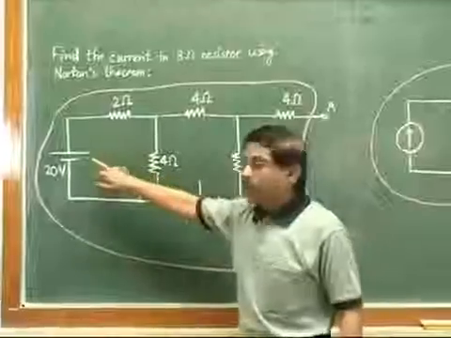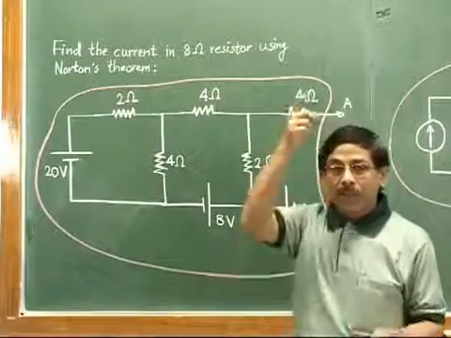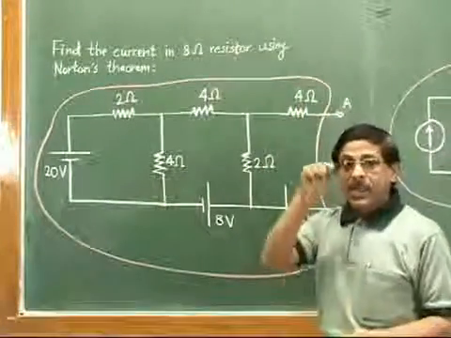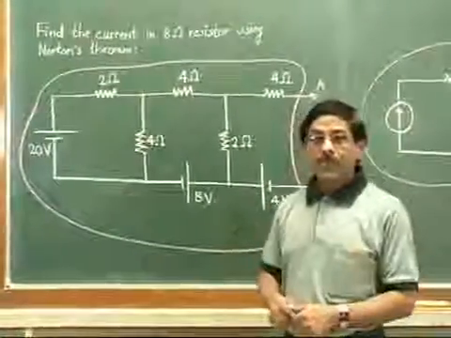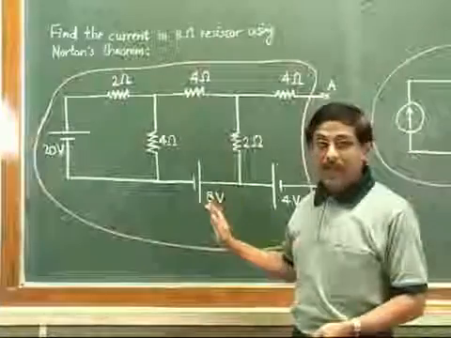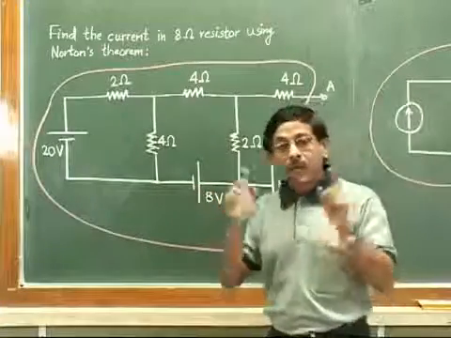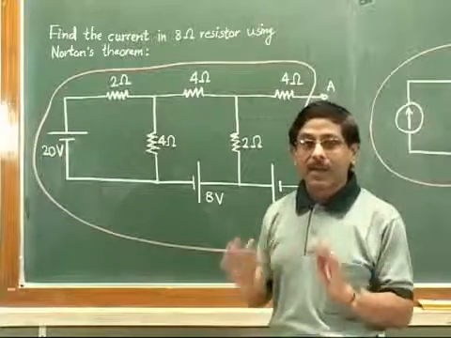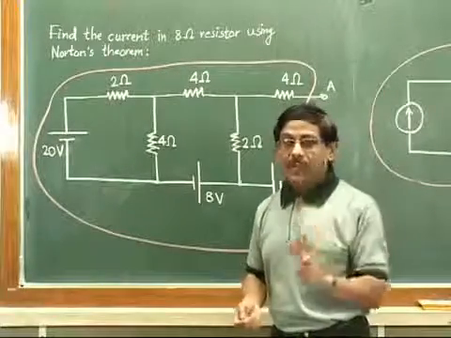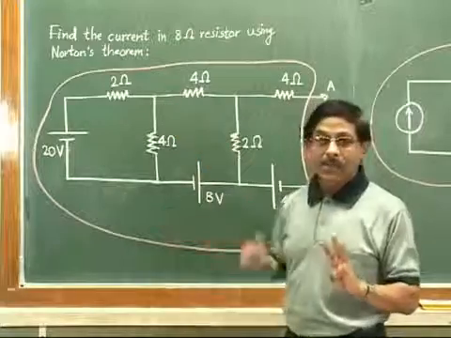If there is an ideal voltage source, we have to replace it with a short circuit. If there is an ideal current source, then we have to replace it with an open circuit. But if these sources are practical sources in the given circuit, then we have to replace both voltage or current sources with their internal resistances.